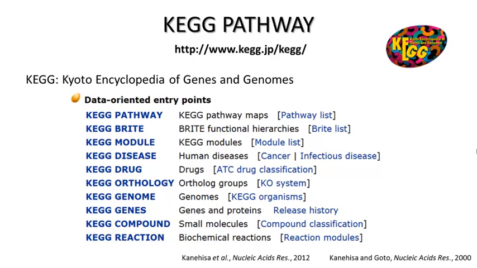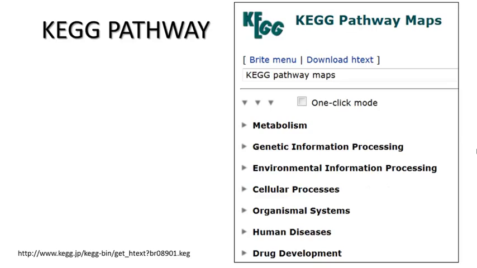As of 2013, there are 450 reference pathways in KEGG. KEGG pathways are divided into 7 categories, including metabolism, genetic information processing, environmental information processing, cellular processes, organismal systems, human diseases, and drug development.